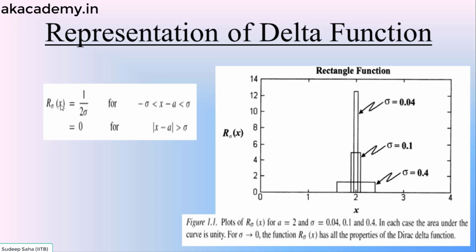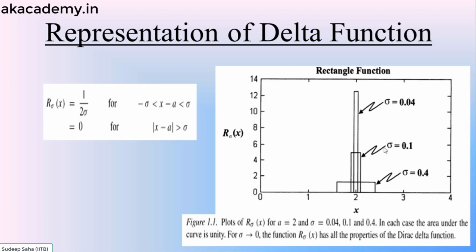Here it is defined as r sigma of x is 1 over 2 sigma for minus sigma less than x minus a less than sigma, and otherwise it is 0. If we plot this, it is essentially a constant, just a straight line, which lies in a particular region around some point. This is for sigma equal to 0.4.